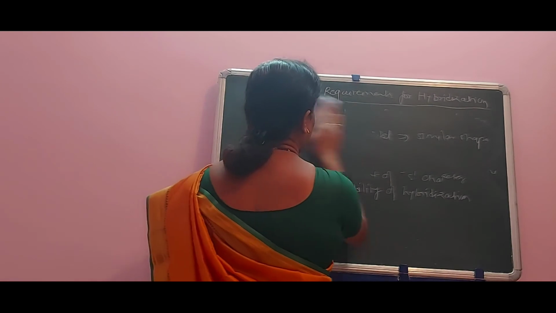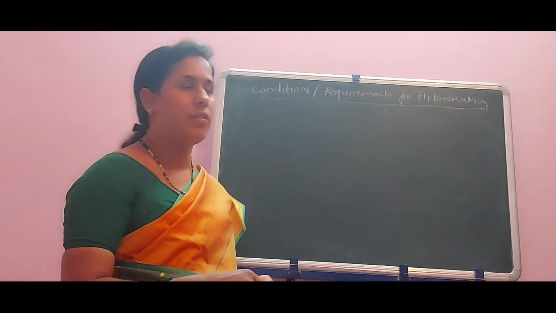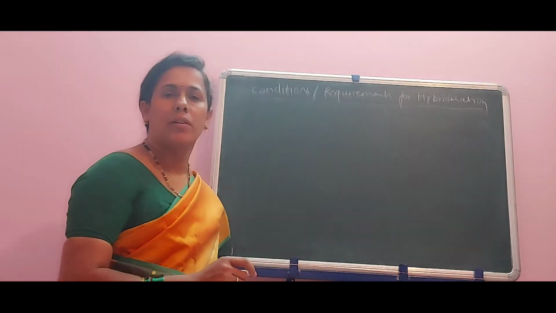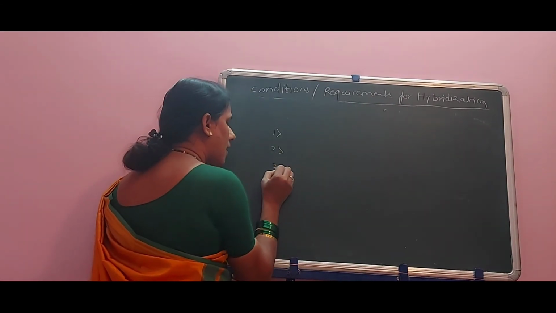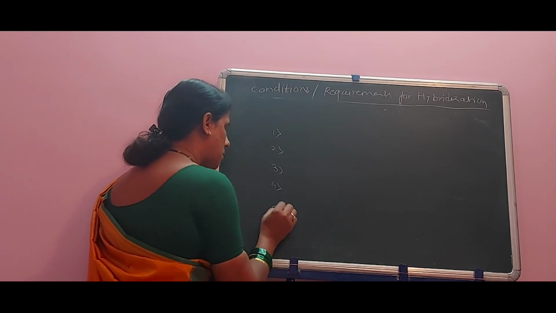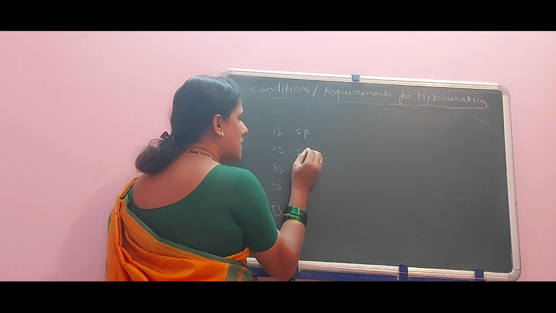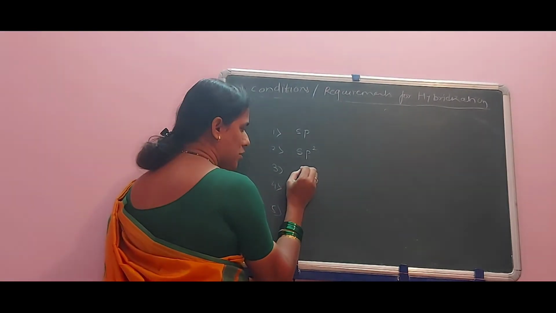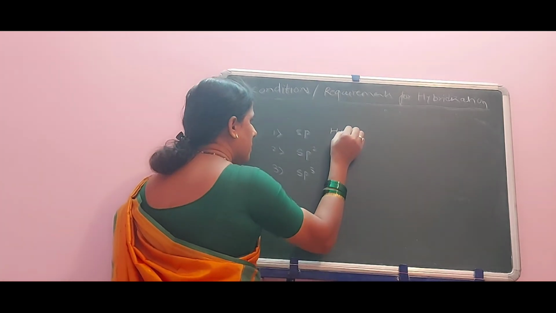See here. On the basis of the requirements for hybridization, the types of hybridization are as follows. First is sp hybridization, second is sp2 hybridization, third is sp3 hybridization.